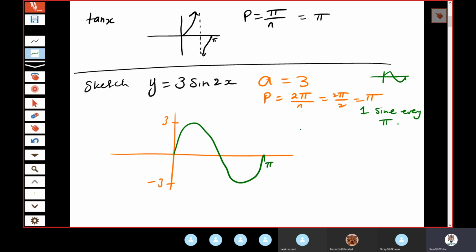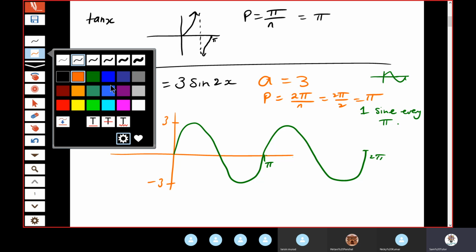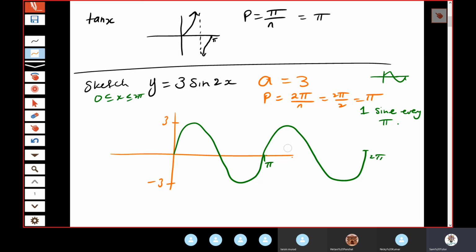That's only pi. But generally, they're going to tell you to sketch from 0 to 2 pi, let's say. So therefore, you're going to see two sines up to 2 pi.